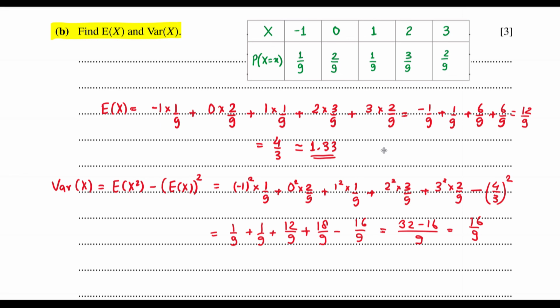Or we can write its decimal equivalent to three significant figures. This value is 1.777 and so on. So we can write variance of X as 1.78 to three significant figures.